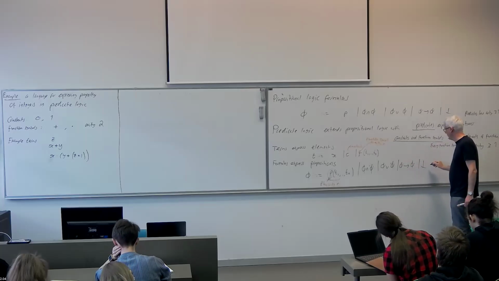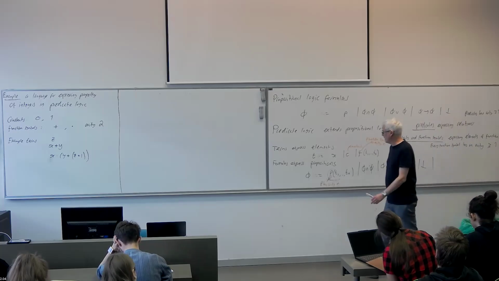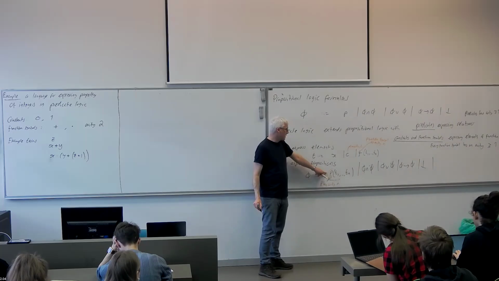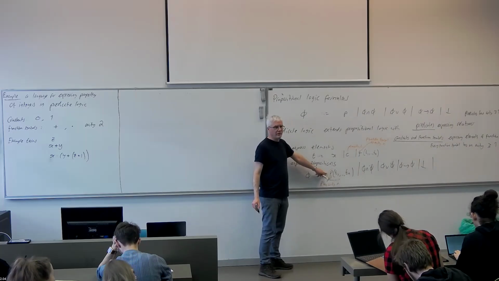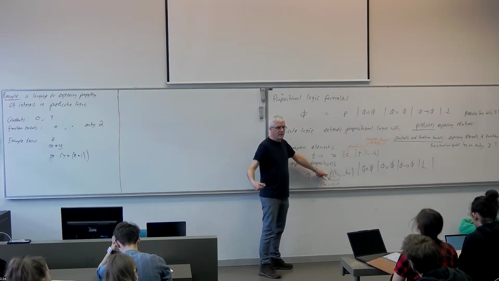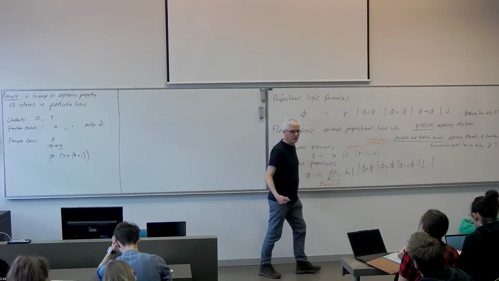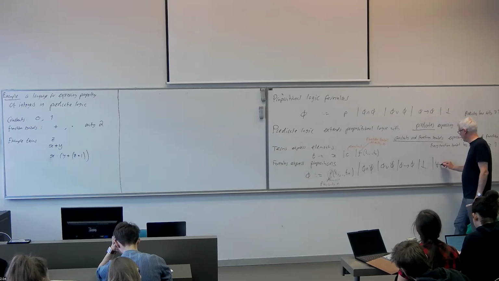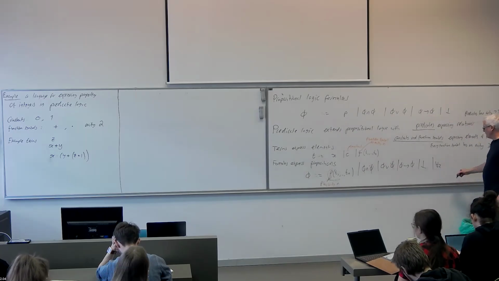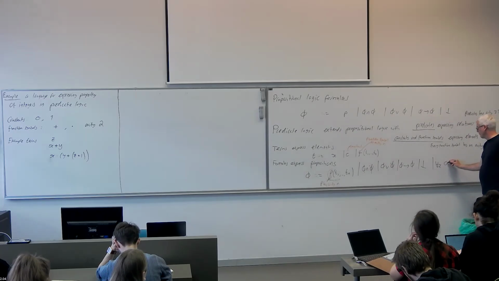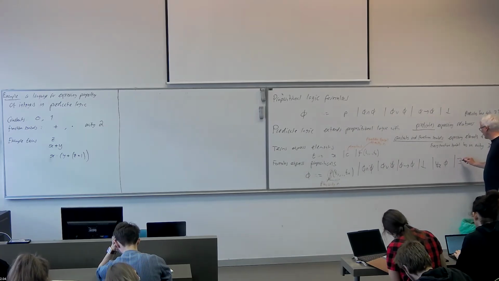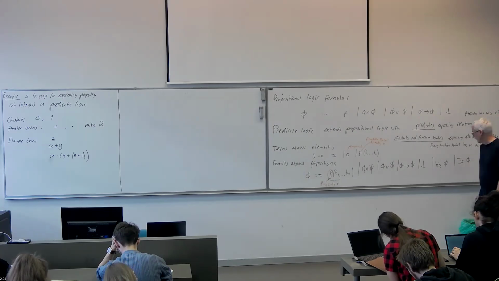But the other very important thing that predicate logic gives us is the quantifiers that allow us to quantify over our universe of discourse. So a quantified formula is always of the form either for all x, some proposition phi holds, or there exists an x such that some proposition phi holds.